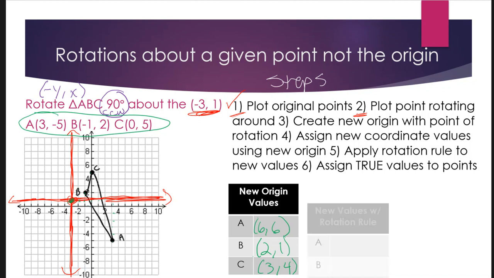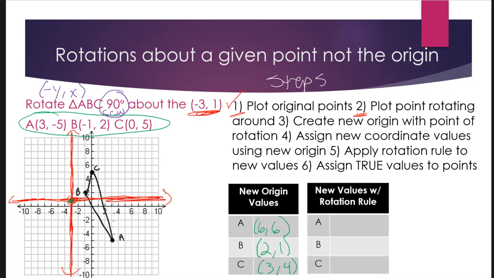All right, next step, step 5. Step 5 says to apply the rotation rule to the new values. So here's the rotation rule. Again, I rewrote that. So I'll just rewrite it. (-y, x). I need to apply this rule to my fake values. Again, if I do it to the original values, that's just going to give me the rotation as though I did it about the real origin, which is not what I want to do.